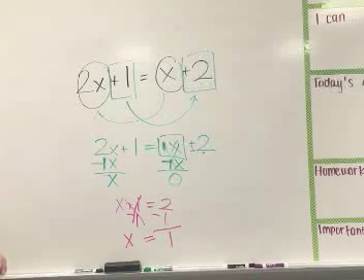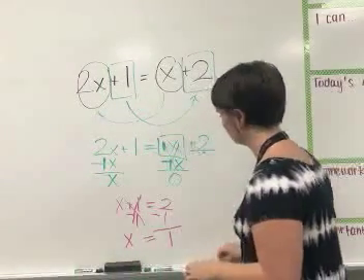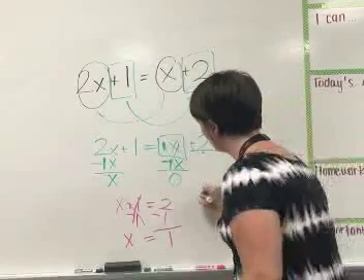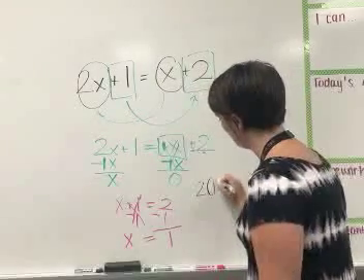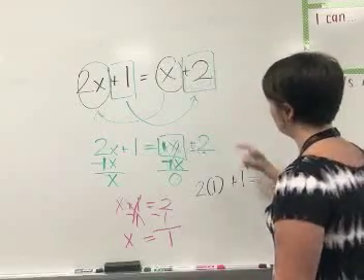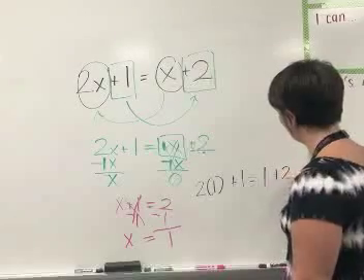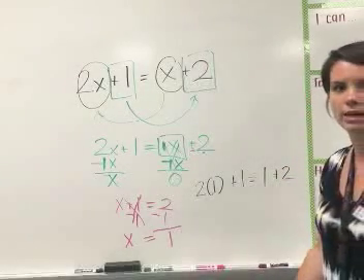Perfect. x equals 1. Now let's check our work. Two times 1 plus 1 equals x by itself, right? 1 plus 2. Now, multiplication first, right guys?